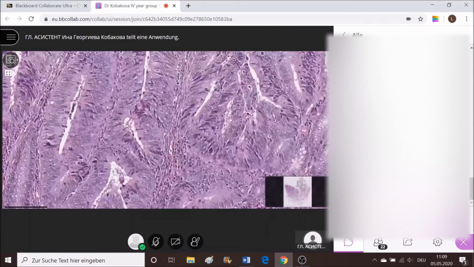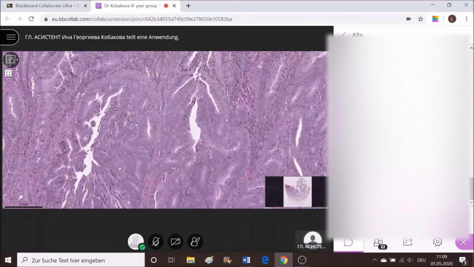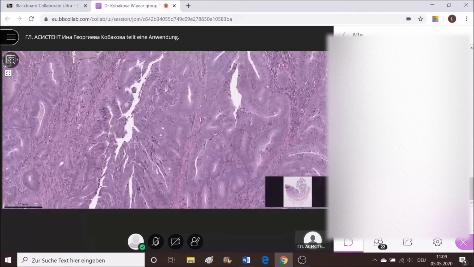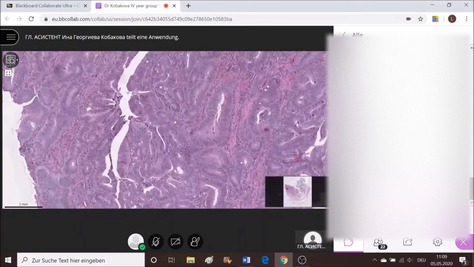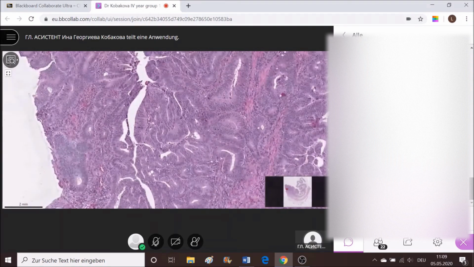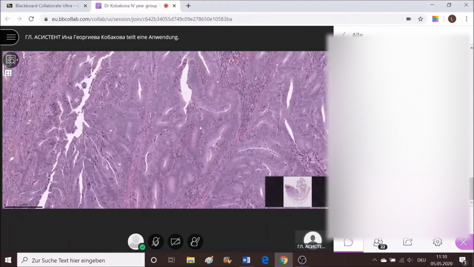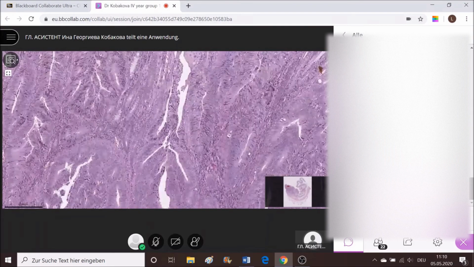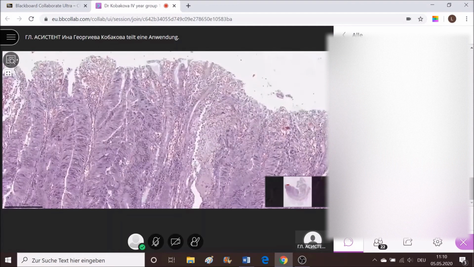Irregular, merging with each other, with lumens which are excreting fluid, but it's not released anywhere, so they are abortive lumens. Also, the excretion of mucin is lost. That is what is usually seen in adenocarcinomas in the large intestine.